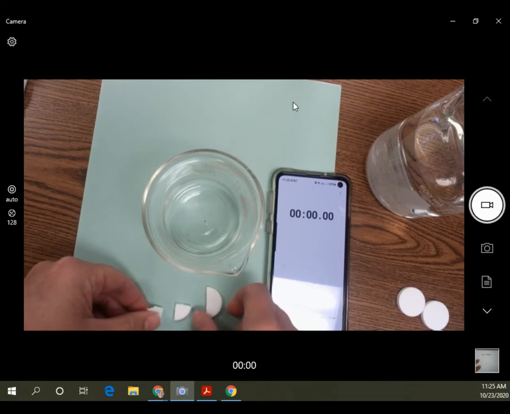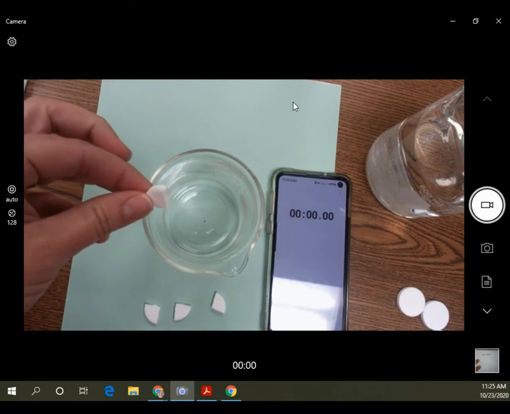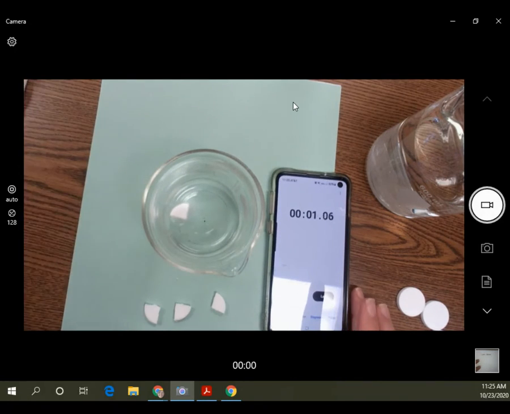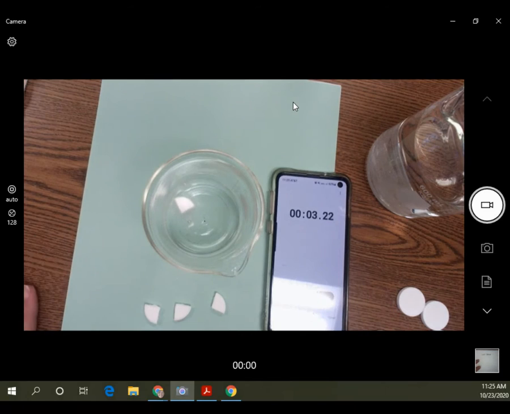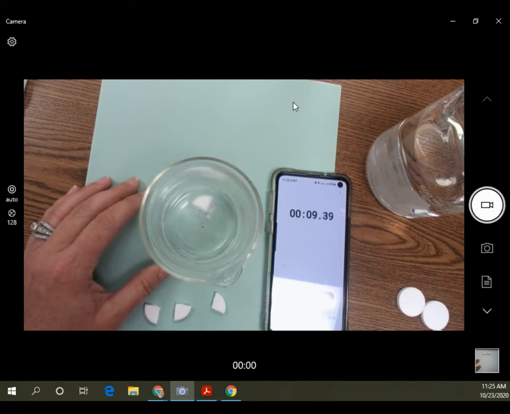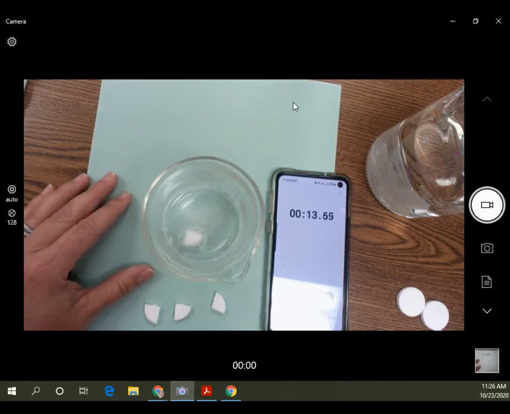So break it into quarters. I'll go ahead and break this one. All right. So I'm going to drop this into this water and hit start at the same time. It did say in the instructions to stir it, so we're going to swirl stir.